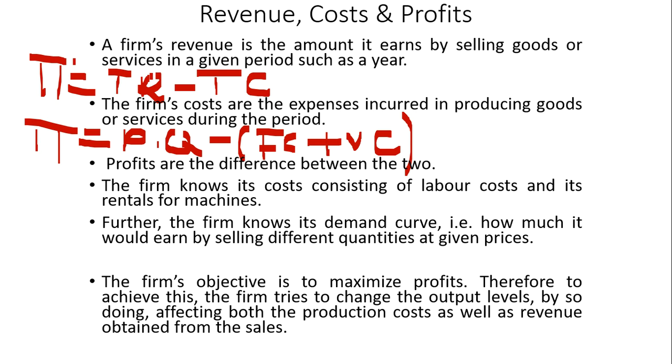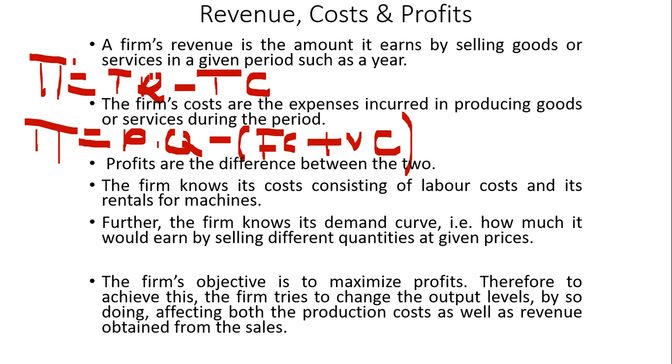So all we are saying here is that profit is the difference between total revenue and total cost, where total cost is coming from two sides, the fixed side and the variable side.